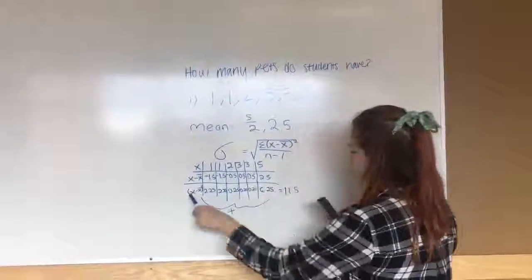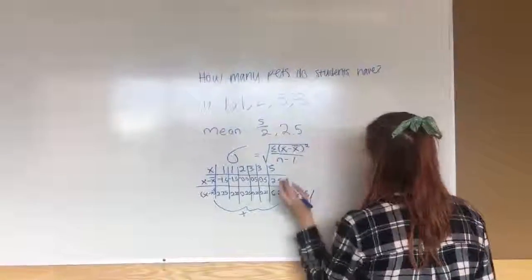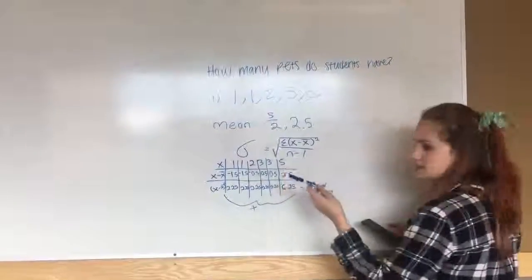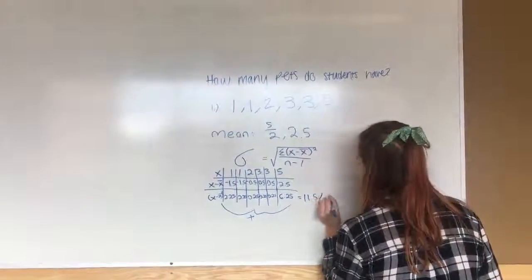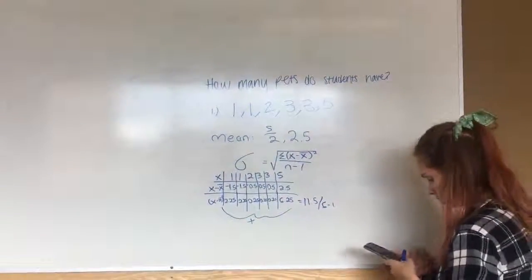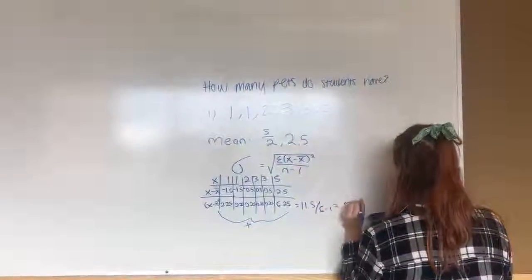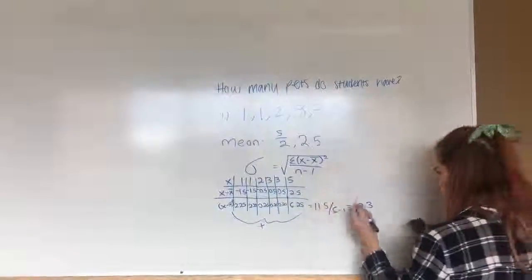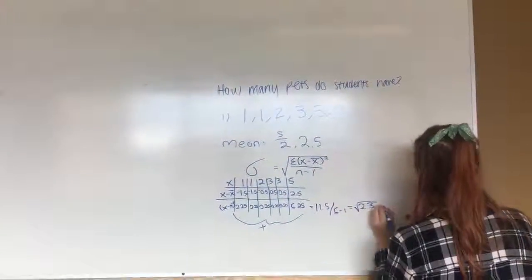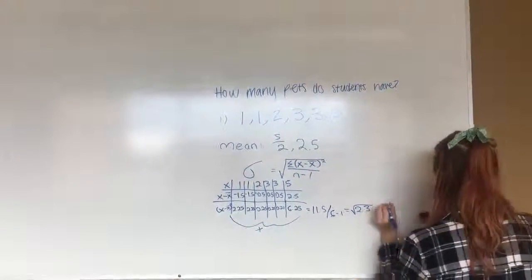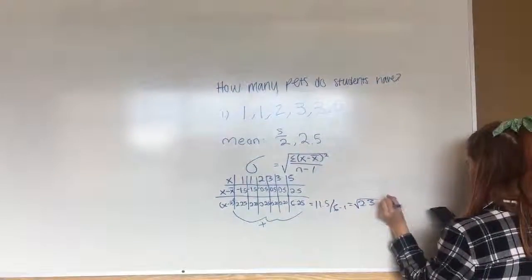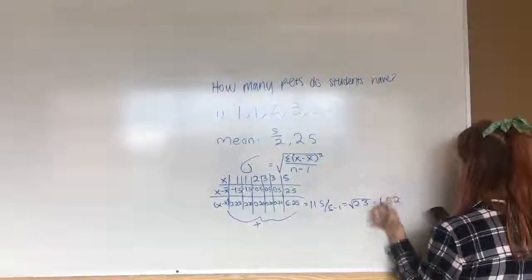And by the way, it's only just the n minus 1, and we know that there's 6 numbers, so then you do 6 minus 1. And that equals 2.3. And then lastly, do not forget to square root the value. And your final answer is going to be 1.52.